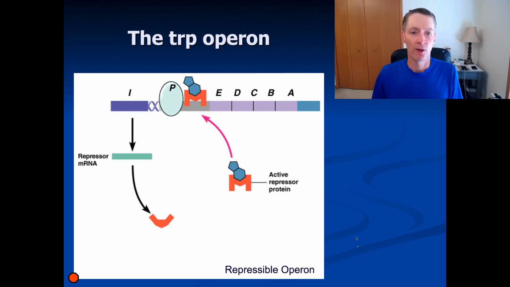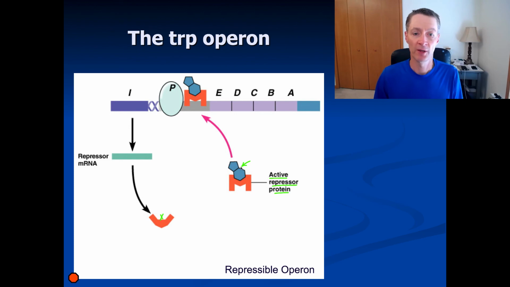But now what happens is tryptophan, which is this molecule right here, binds to the repressor, which is currently inactive, and it's going to make it an active repressor protein.